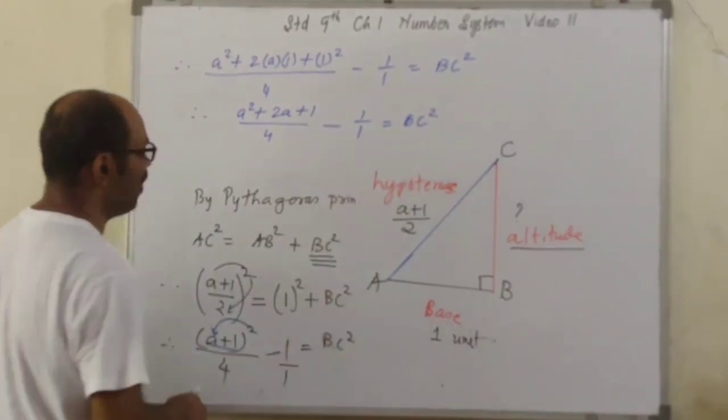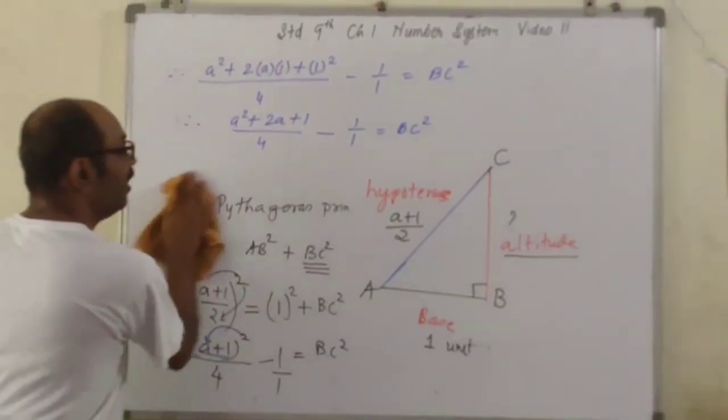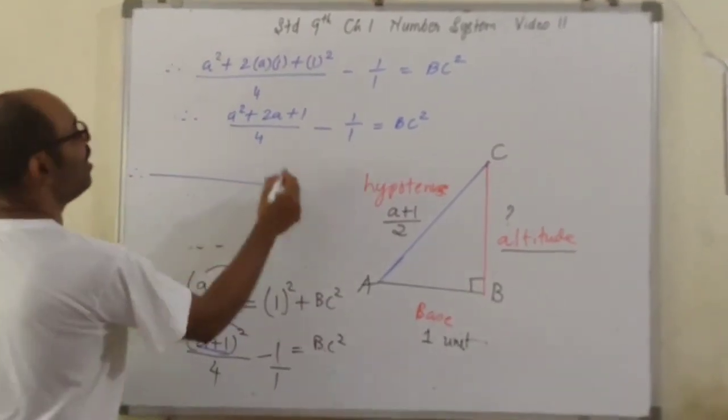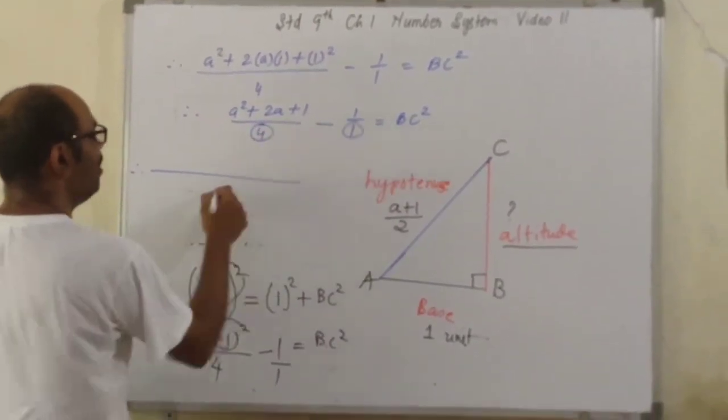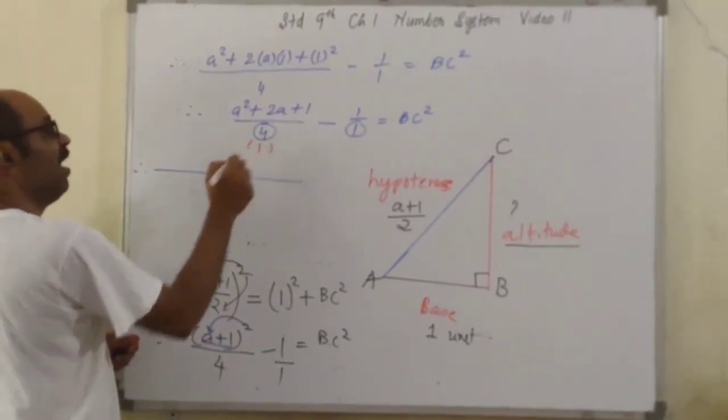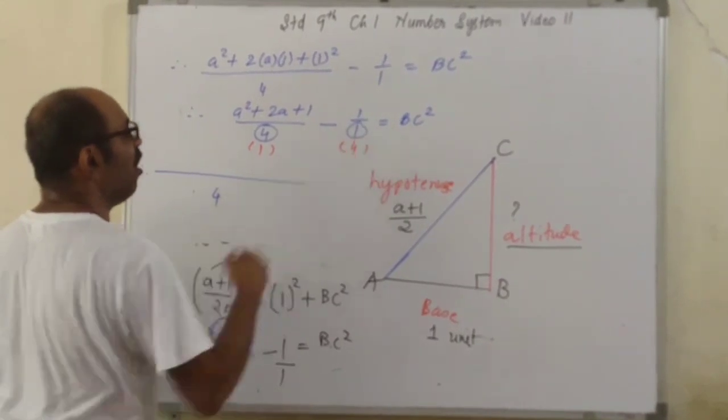Alright, let's continue further. Therefore, children, what is the LCM of 4 and 1? 4, correct?